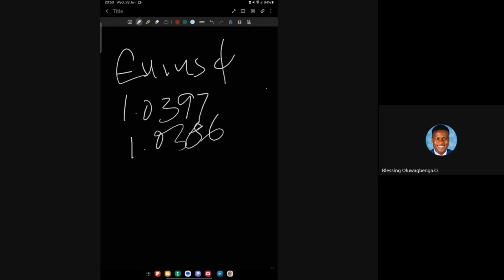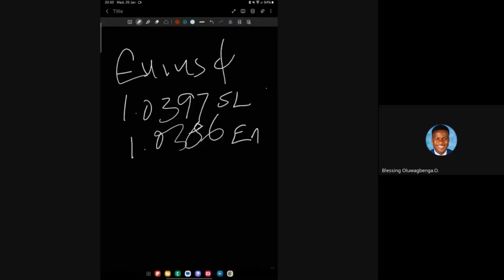How do we now determine the pip movement between this price? So let's say maybe this is my entry and this is my stop loss price. And I want to know how many pips is in between. So I'm going to teach you how to calculate your pip.